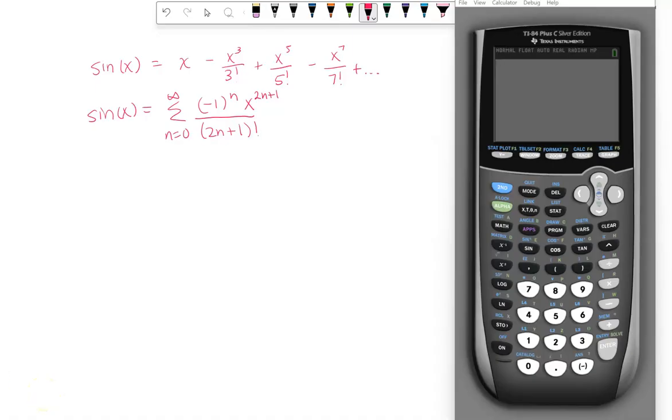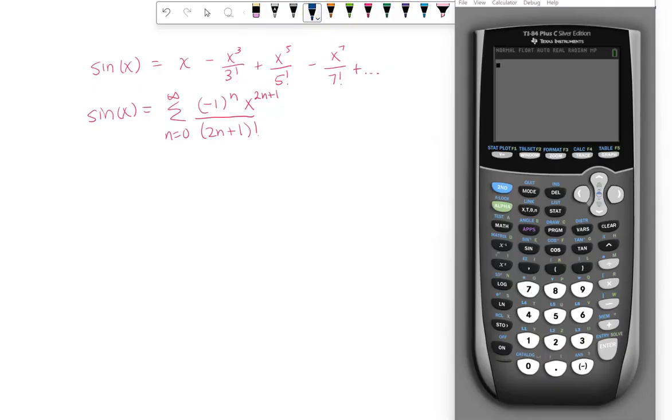So what we are claiming is that this series is equal to this function. So in other words, if we want to know the sine of 1, we know that the sine of 1 is an irrational number, and that's not something that we're going to know from the unit circle.